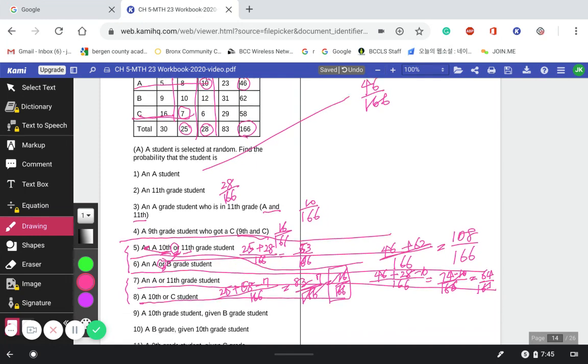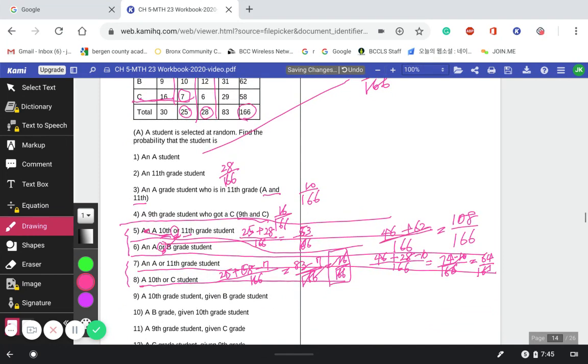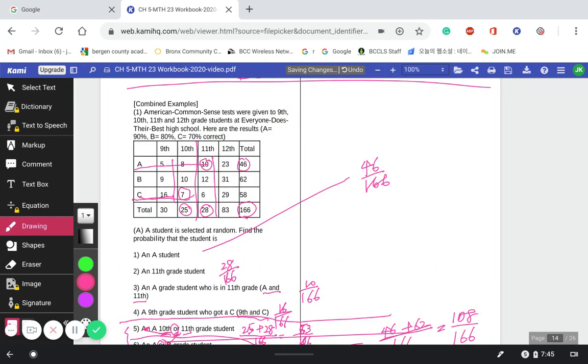Now you have 10th grade, number 9. 10th grade given B. So I'm going to rewrite this here.